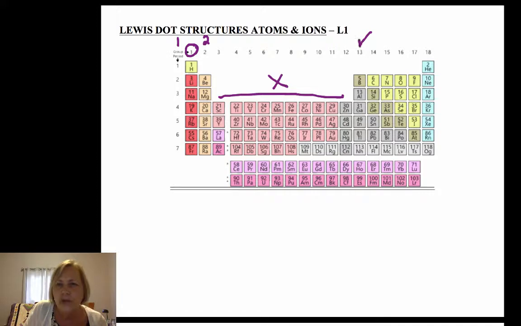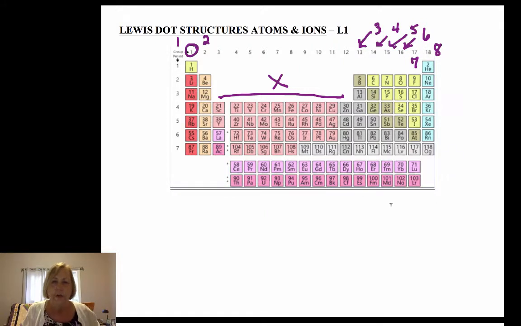So let's hop over to the representative p block. Group 13 has 3. It's s2p1. Group 14 has 4. Group 15 has 5. 16 has 6. 17 has 7. 18 has 8. Hopefully you see that pattern.